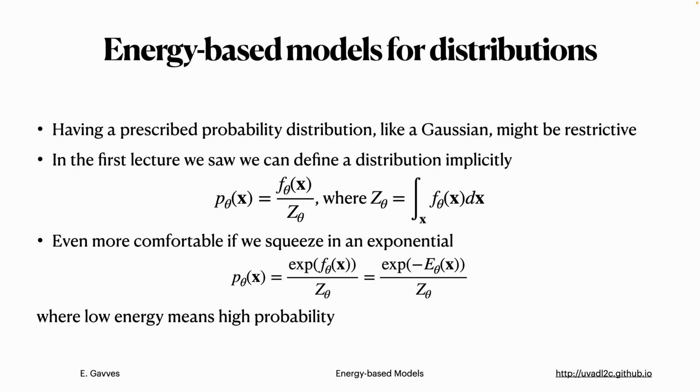This is even more comfortable, specifically for optimization in our setting, if our function is combined with an exponential. So we take the exponential of our function over Z. The reason is that a lot of the distributions already have an exponential form, like the Gaussian, right?